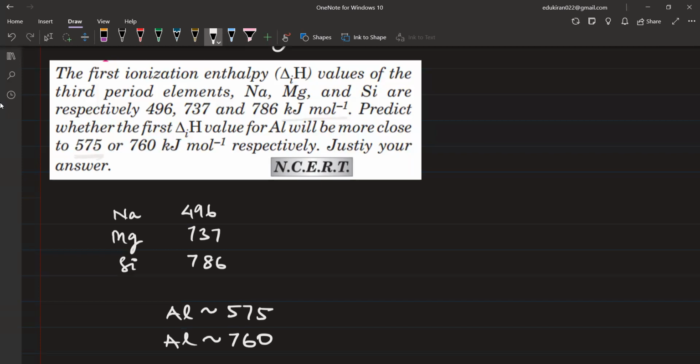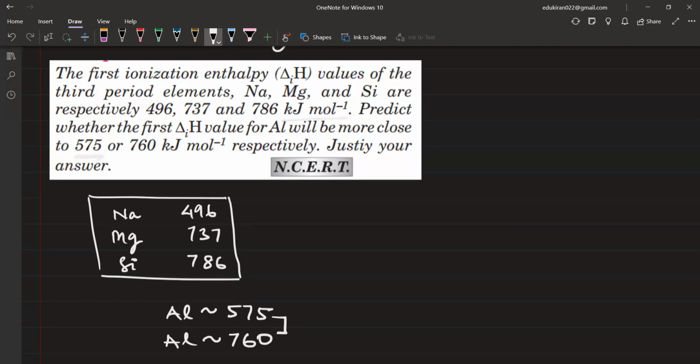Now this question may seem like, how would I know? But rather what they are asking is, between sodium, magnesium, and silicon, is there any value which is between 575 and 760?